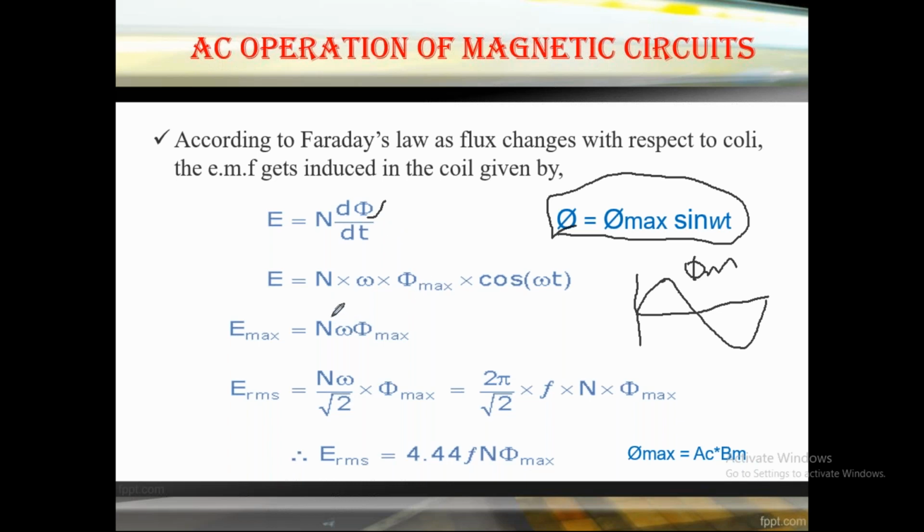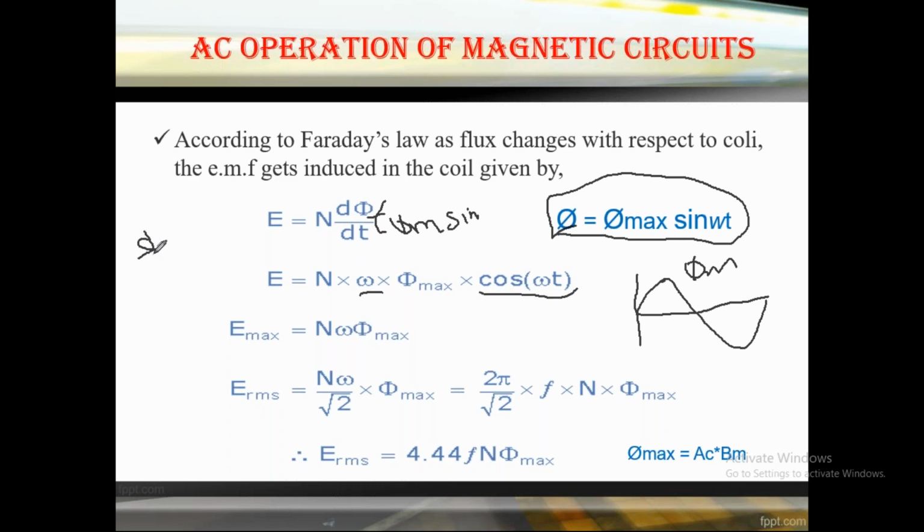Now from this equation, instead of φ you can substitute φm sin ωt. Let's bring φm outside. What is the differentiation of sin ωt? Omega into cos ωt.